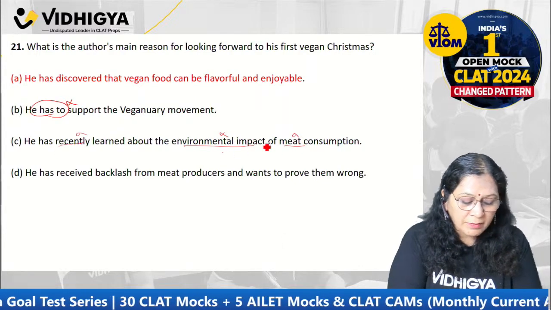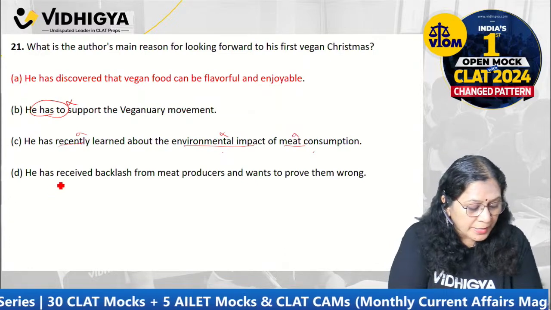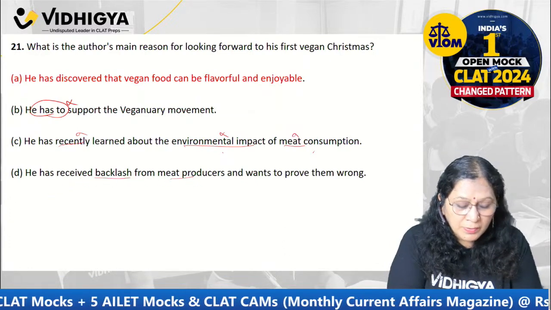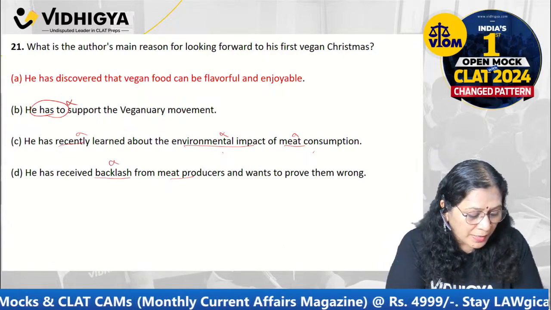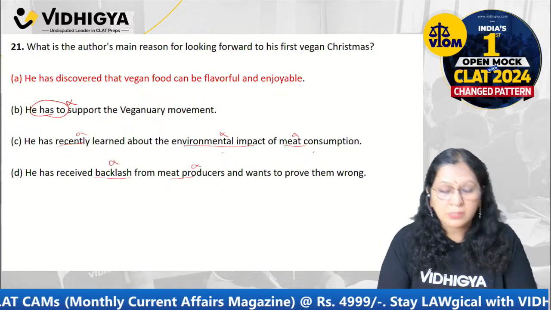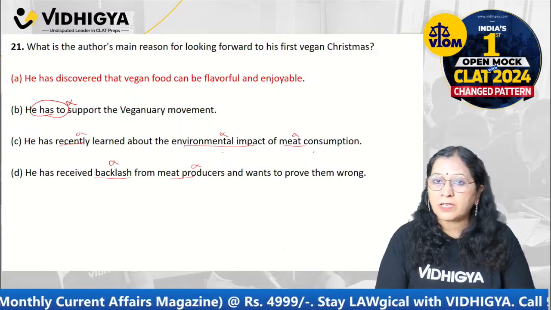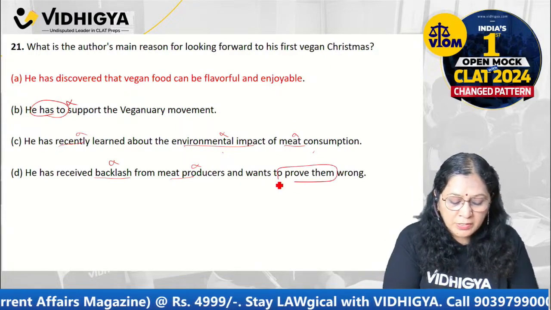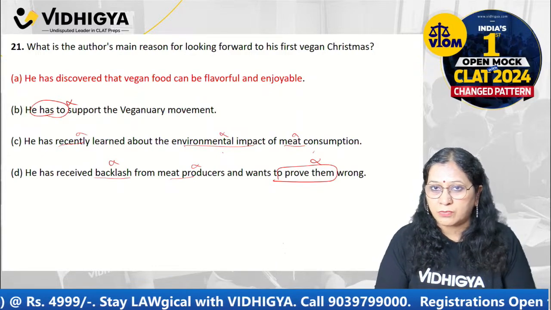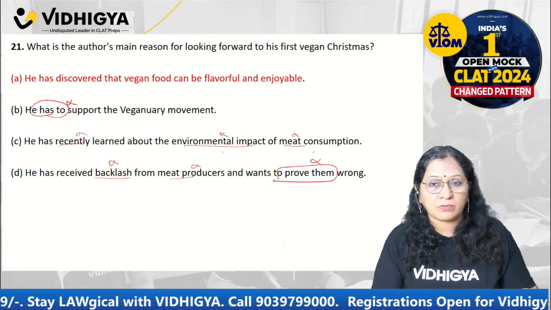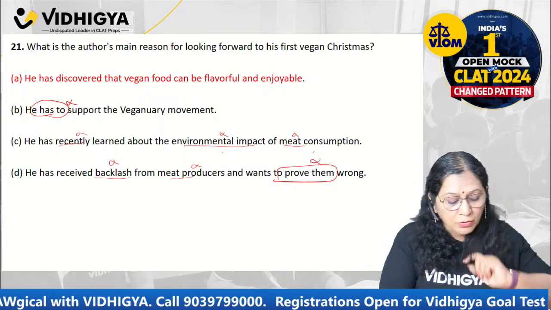Recent environmental impact of meat, no. He has received backlash from the meat producers, but that was far in the passage. So backlash or meat producers, और उनको वो प्रूव करना चाहता था, तो he did not want to prove others. He said that he'll be vegan just because he wants to. He'll eat what he wants to, not because what others will do or say.